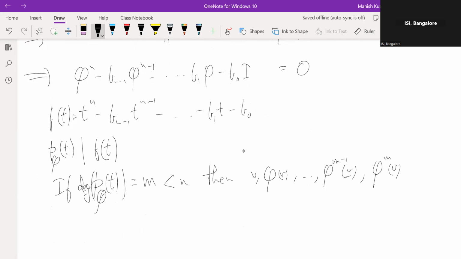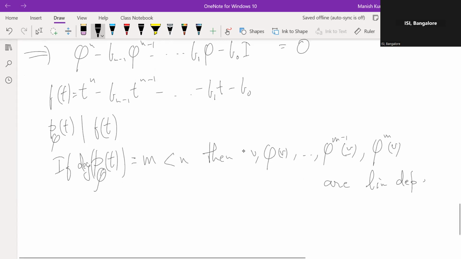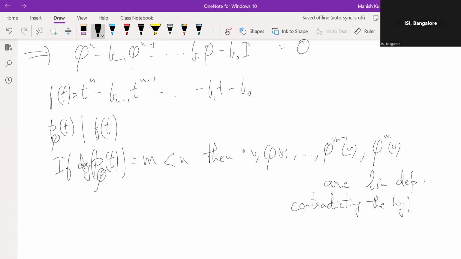Yeah, because p(t) has degree m, so there is a linear dependence between these things, contradicting our hypothesis.